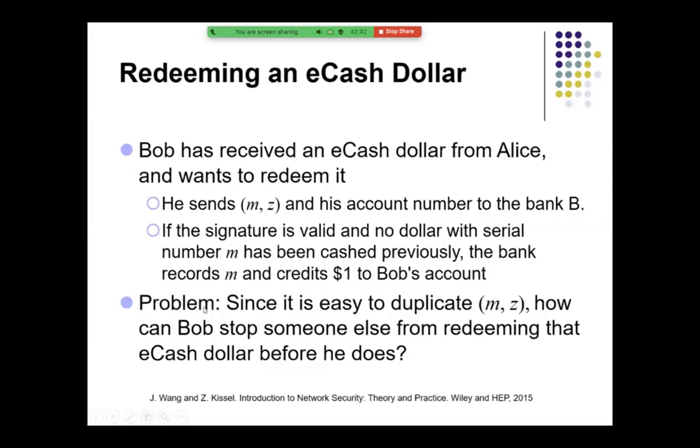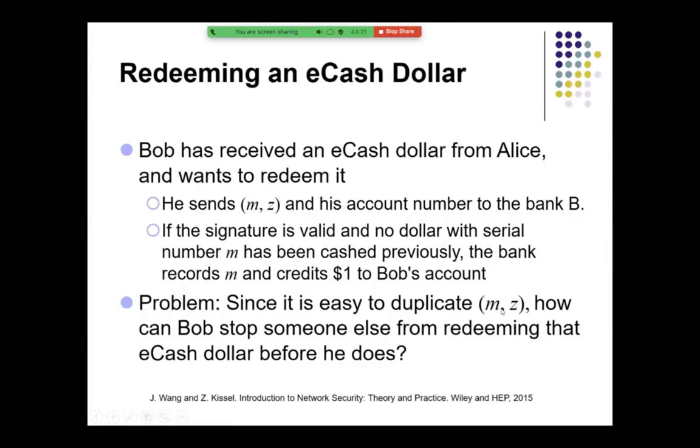So there's a problem here. Actually, we can think of several problems, but we can at least think of two in this particular case. The first problem is that it is easy to duplicate this Ecash dollar M comma Z. Let's say Bob has it and Alice also makes a copy and sends it to Charlie, for instance.